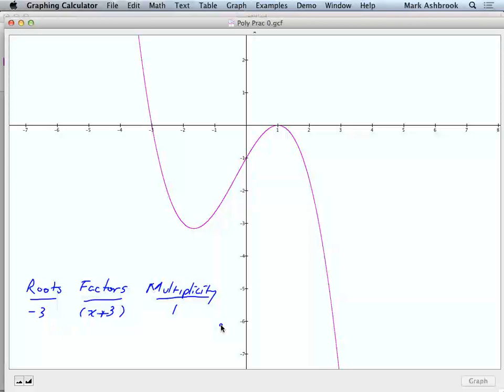Okay, another root. Mitchell. 1. Okay, tell me the corresponding factor if the root is 1. Good. And what does the multiplicity look like there? 2. It looks like a parabola, so it looks like it's squared. So now we have a start at what the equation might be like.